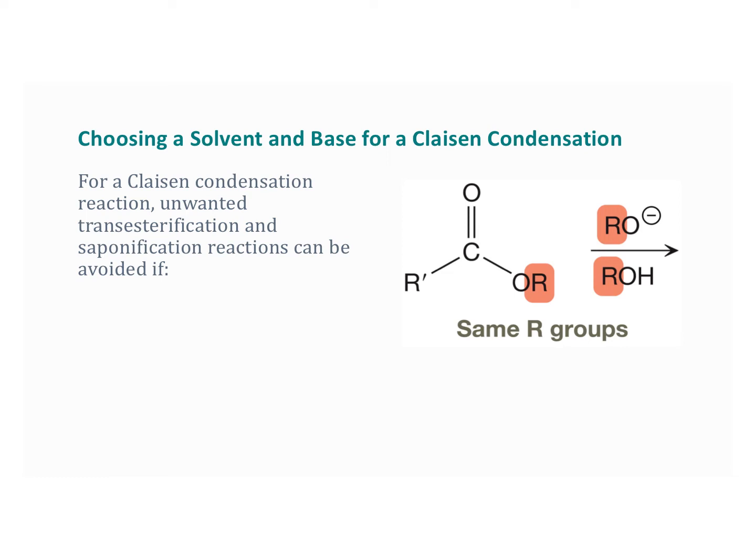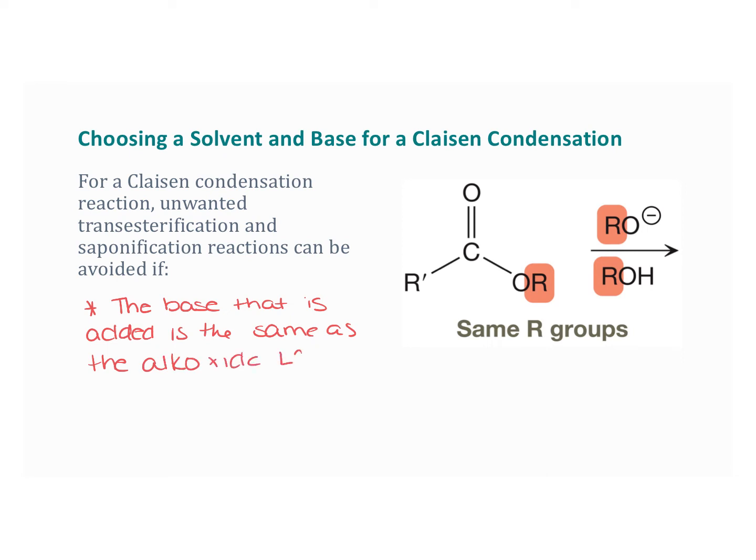for a Claisen condensation reaction, unwanted transesterification and saponification reactions can be avoided if the base that is added is the same as the alkoxide leaving group of the ester, right?